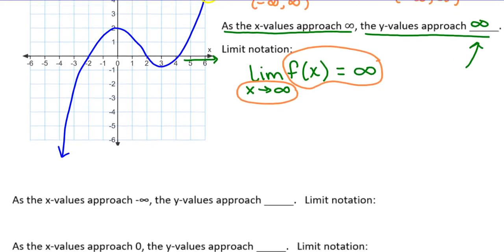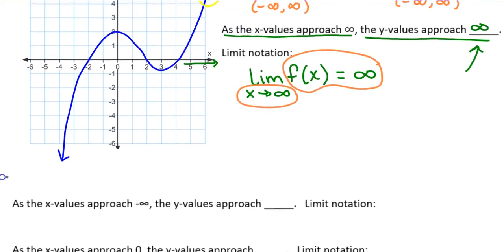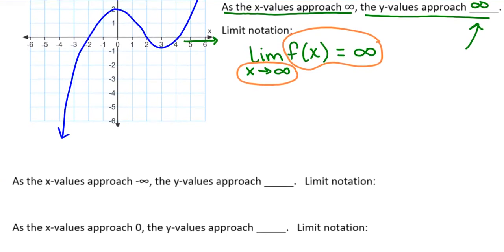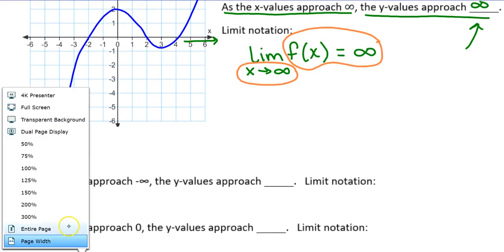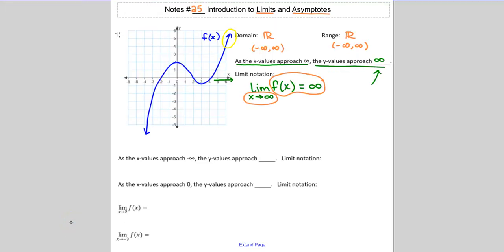So let's keep going, and we'll find some more limits for this graph. In fact, I might change my view just a little bit so we can see it all at once. As the x values approach negative infinity, the y values are approaching what? Now the x values are going out this way toward the left, infinitely far, and we see this graph is going down, so the y values are approaching negative infinity.